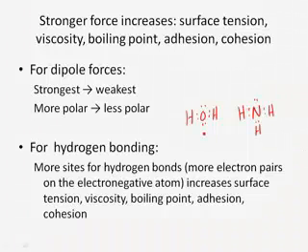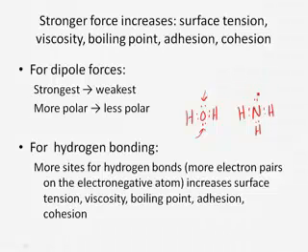However, on the water, we have two places or two lone pairs on our electronegative atom with two hydrogen atoms that are capable of forming hydrogen bonds with adjacent molecules, whereas with the ammonia, we only have one lone pair on the nitrogen.